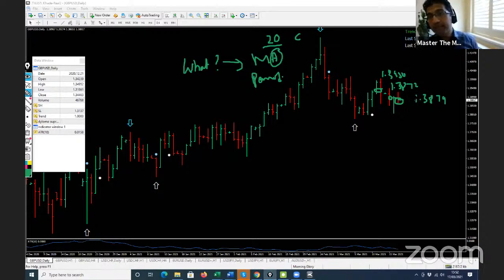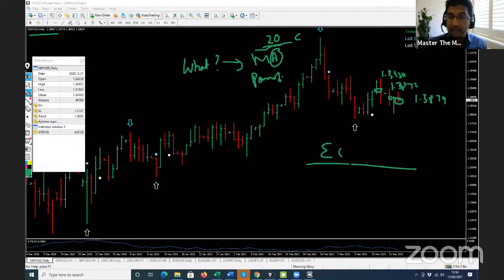What happens then is you add up all of them together for 20 days because it's a daily time frame, or to keep it easy, for 20 bars, whichever time frame it is. You sum them up, and then you divide it by 20, then you will get a number. That is your number one.